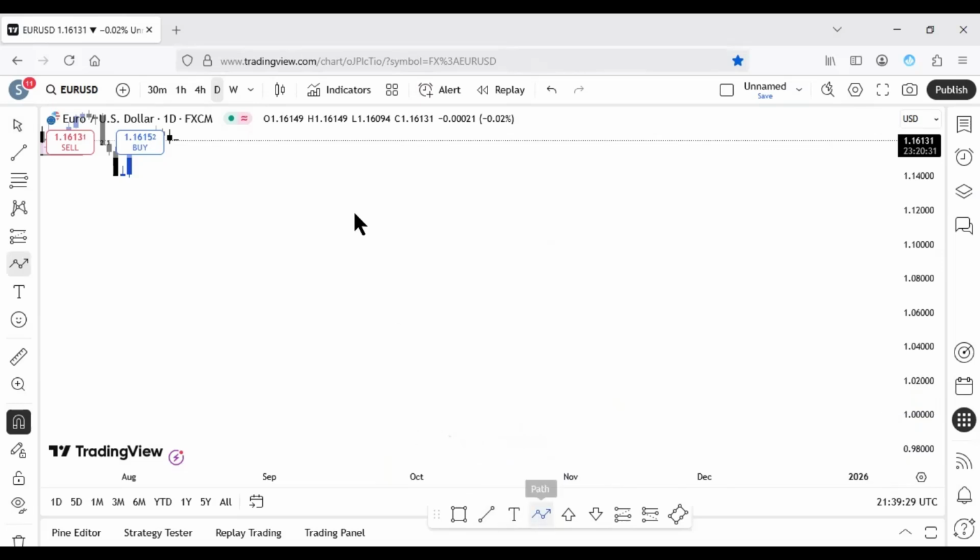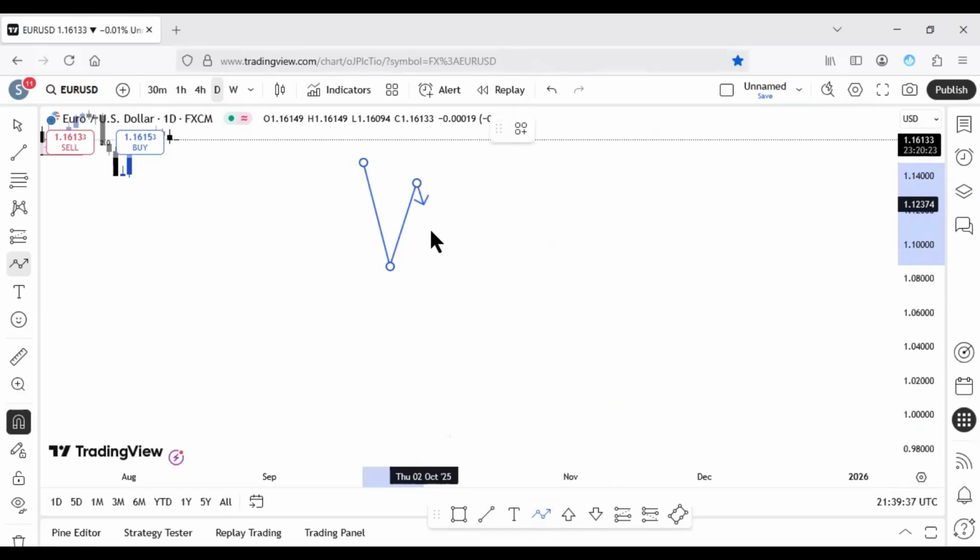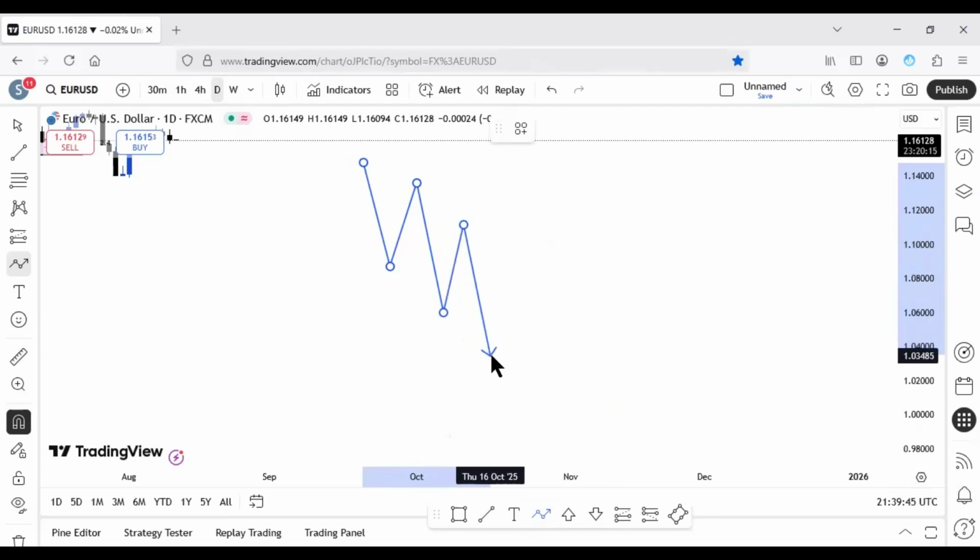In a bearish scenario, suppose price is breaking structures. Price is breaking structures to the downside. And then we have price breaking structures to the downside.